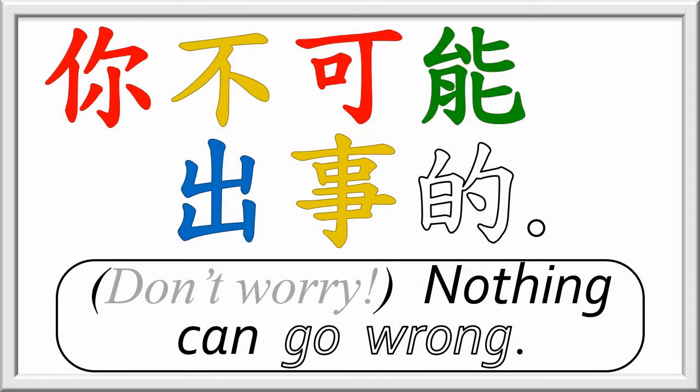When combined with 出事, the meaning is decidedly unpleasant. Something has gone wrong. There's an accident. Here's an example of giving reassurance to someone embarking on a risky endeavor. 你不可能出事的. Nothing can go wrong. Stop worrying.